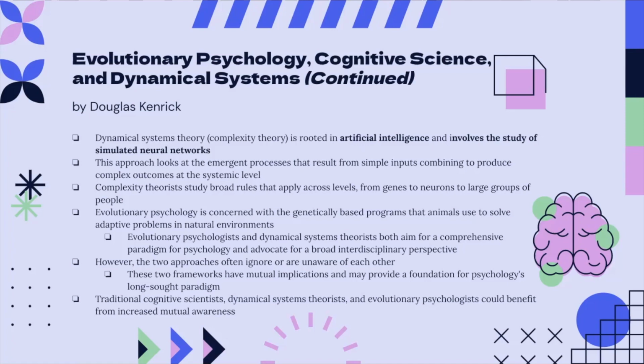But traditional cognitive scientists, dynamical systems theorists, and evolutionary psychologists could benefit from this increased mutual awareness, as I am trying to do when I'm comparing the human mind as well as computer systems.